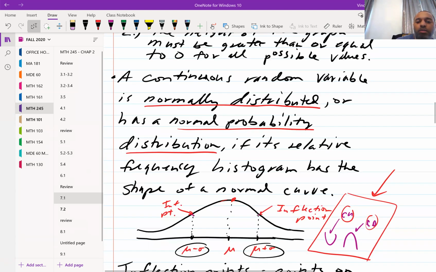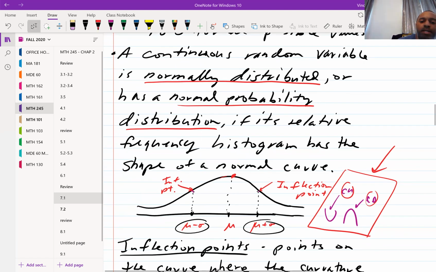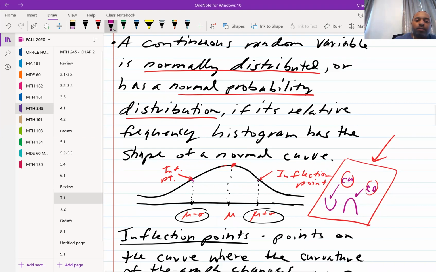All right, so this is our normal curve. You have your mean that's in the middle. And then also they point out these inflection points. I forgot whether WebAssign asked you about them or not. It may not. But inflection points occur when you add a standard deviation and when you subtract the standard deviation from the mean.